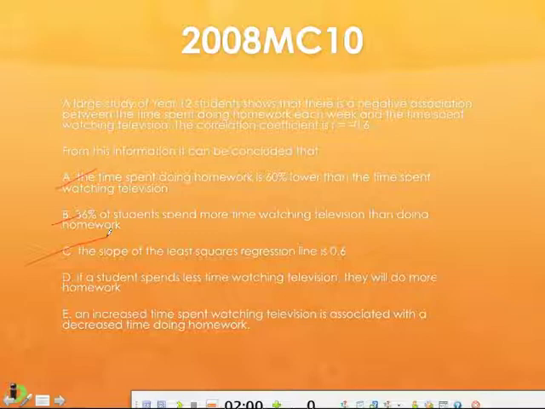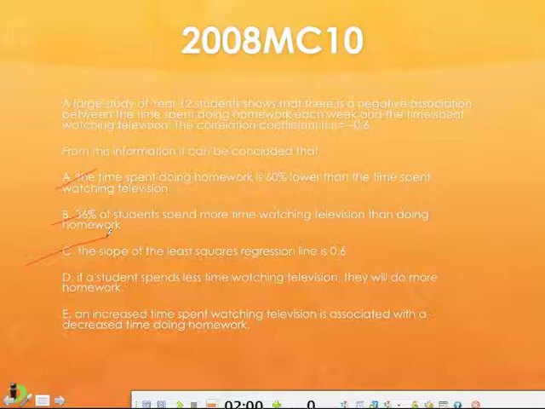If a student spends less time watching TV, they will do more homework. Is that what the Pearson's product moment correlation coefficient says? You can't guarantee that, can you? But an increased time spent watching television is associated with a decreased time doing homework. Okay?